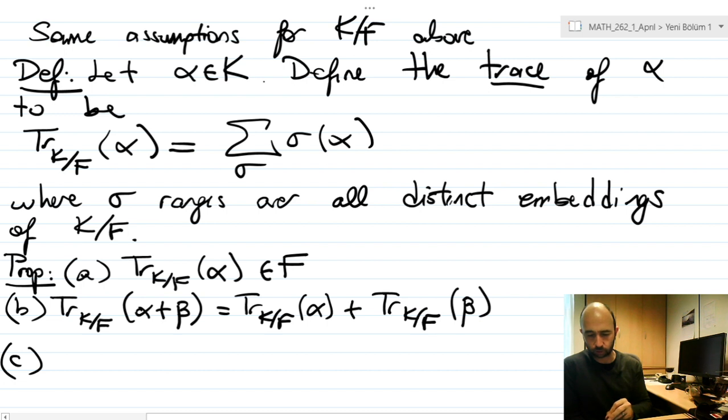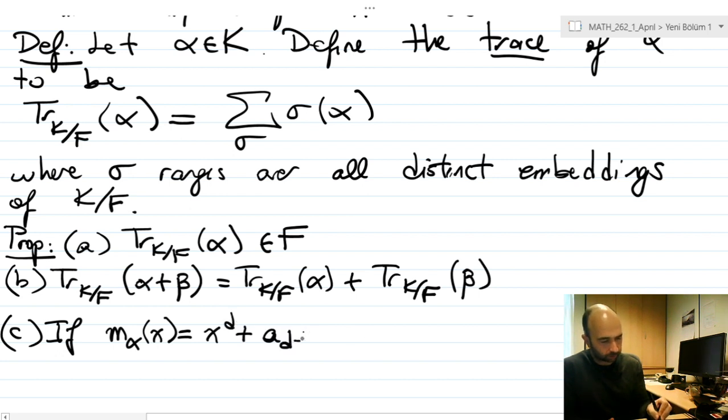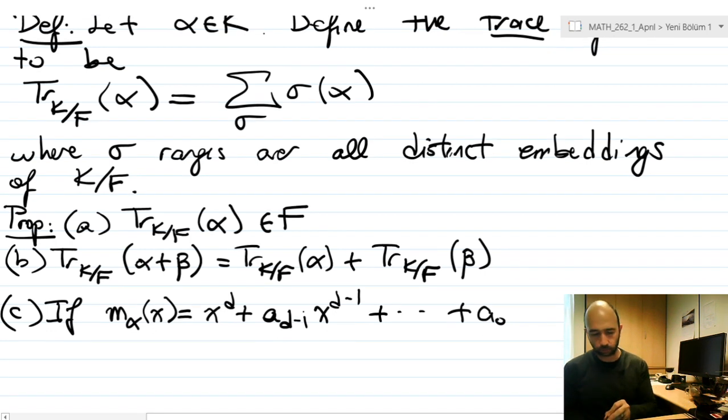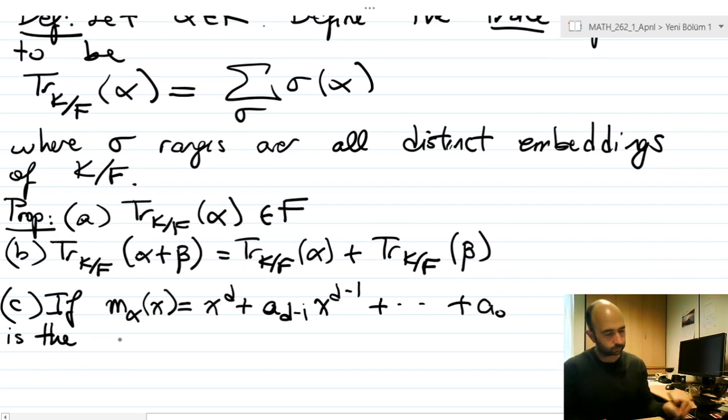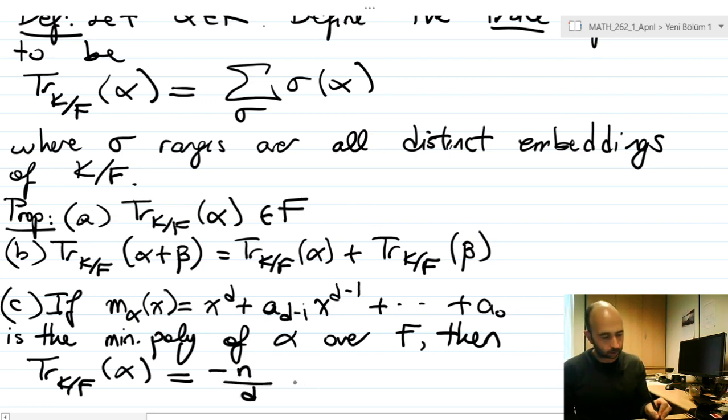And the third is its connection to minimal polynomial. So if again m alpha of x equals x to the d plus, okay, let me be careful here, a_{d-1} x to the d minus 1 plus so forth plus a_0 is the minimal polynomial of alpha over F, then you can compute the trace to be simply minus n over d times a_{d-1}.